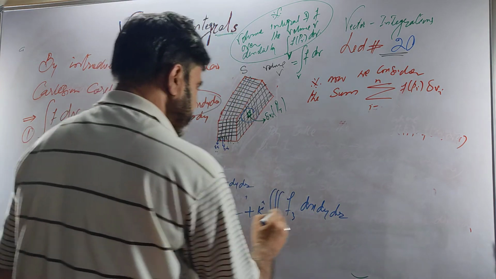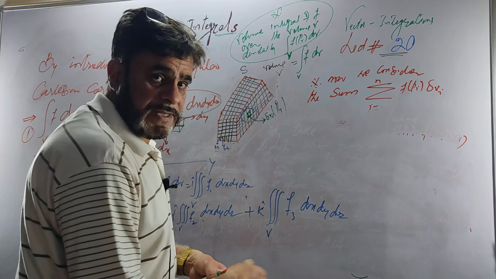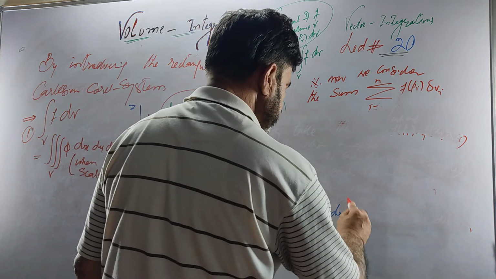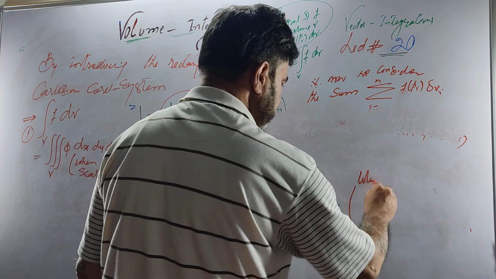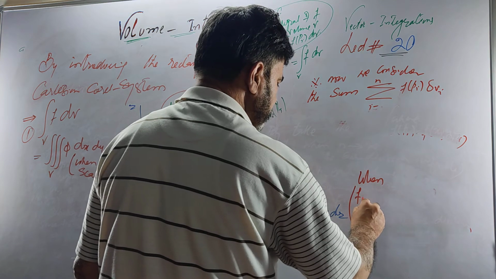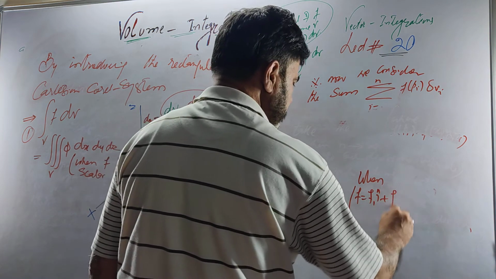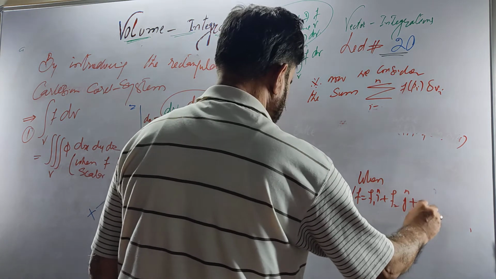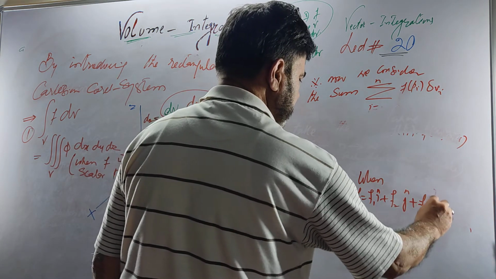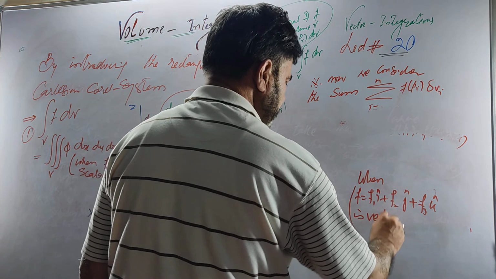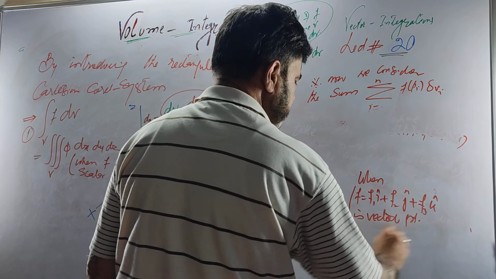What is this? I will mention here, this is when f is equal to f1 i plus f2 j plus f3 k, a vector point function.